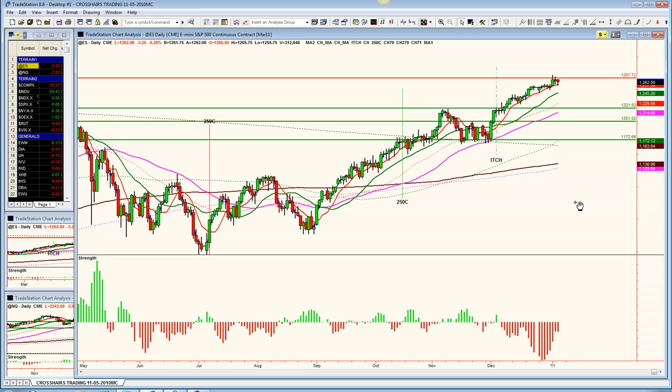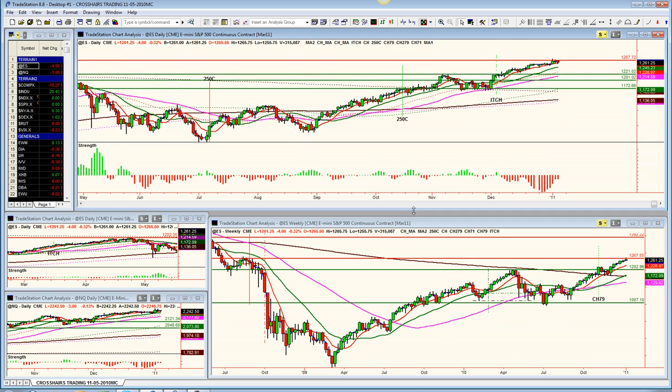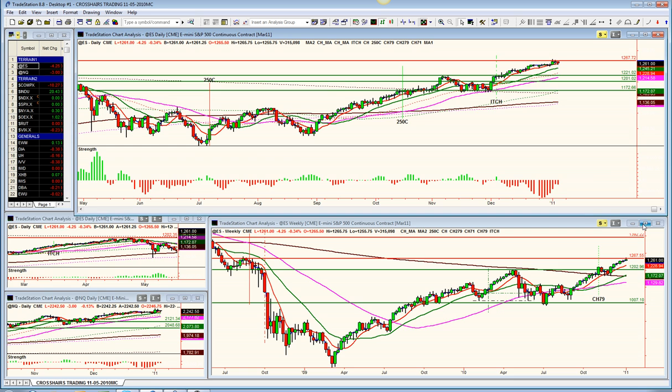Okay, so here's my example right quick. The market right now is hitting a potential area of resistance. I say potential because we don't know yet. Let's just use the S&P futures for instance. The other indices and the NASDAQ futures are really about the same area right now, but we've got an area of potential resistance that comes from the one other chart that I look at, the weekly chart.